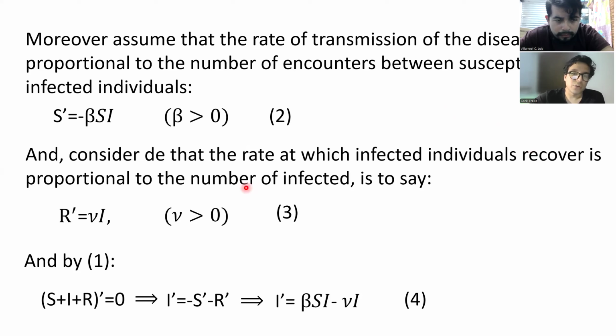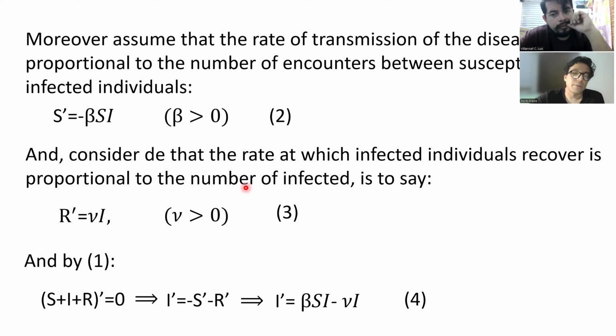We also consider that the rate at which infected individuals recover is proportional to the number of infected. Then the derivative of R equals vI, where v is a positive constant.